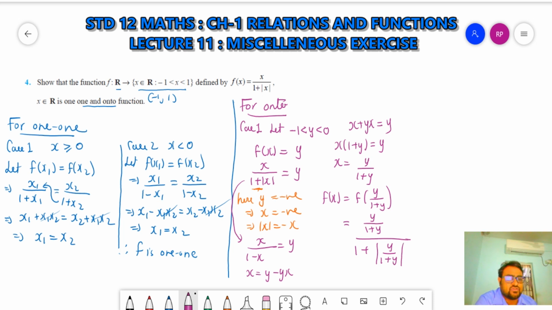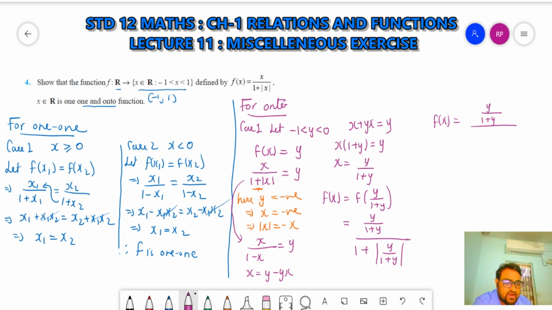Now see, here it is modulus of 1 plus y, and the value of y is from -1 to 0. So when I do 1 plus y, that will be positive.